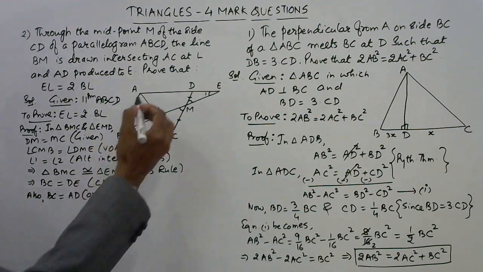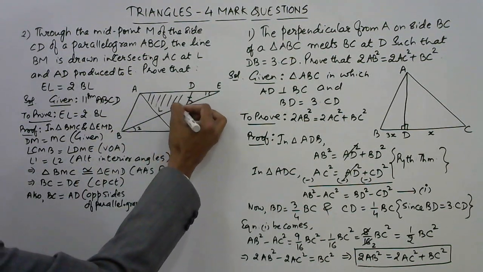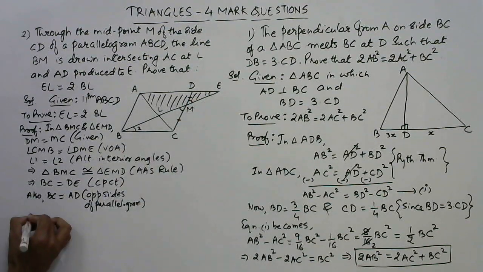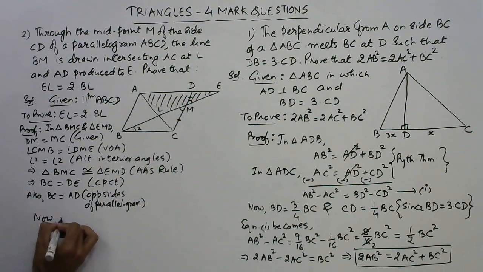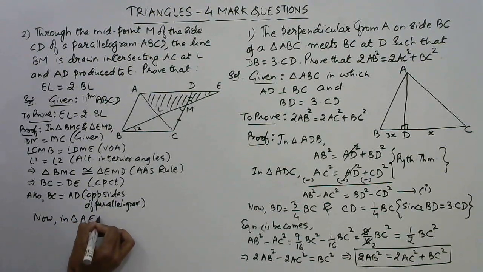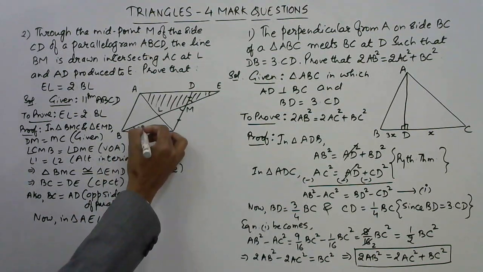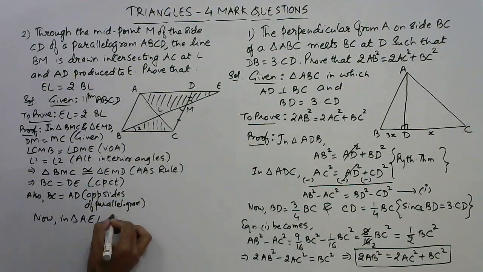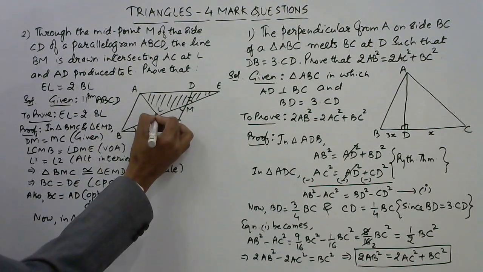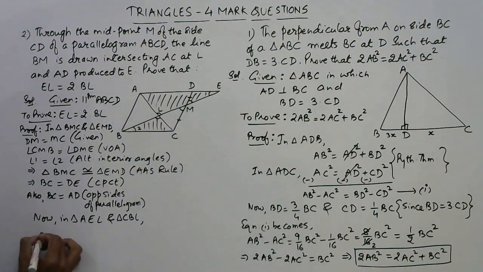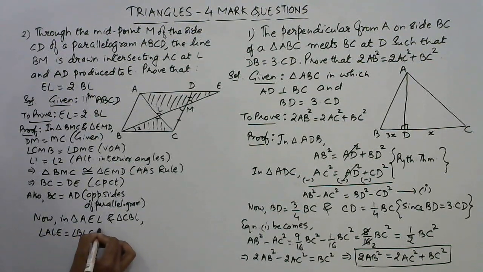After this, we have to use similarity also in this question. Now let's take the triangle AEL. I am shading this for you just for simplicity's sake. Now in triangle AEL, this is the first triangle, and the other one is CBL, this triangle. Now can we prove them similar? Yes, we can. Why? Because one of the angles, this angle, is vertically opposite. Angle ALE is equal to angle BLC. This is vertically opposite angles.